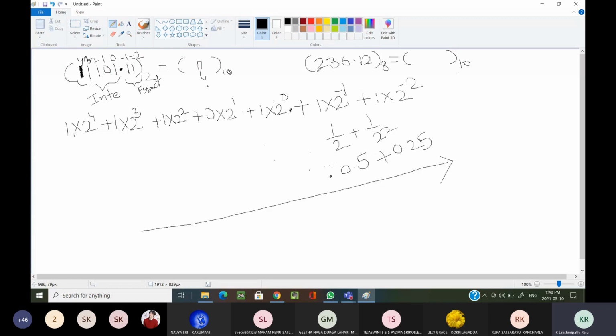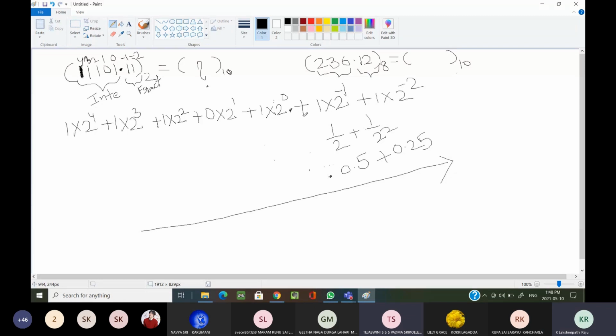What about the integer part? The same thing, multiplication with positional weights. What about the fractional part? 8 power minus 1, 8 power minus 2.